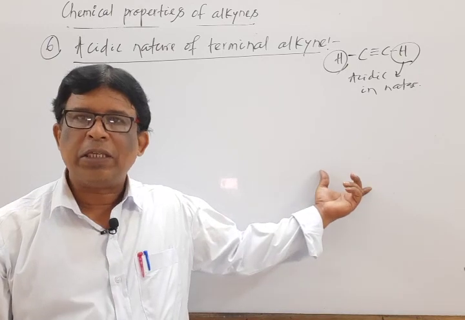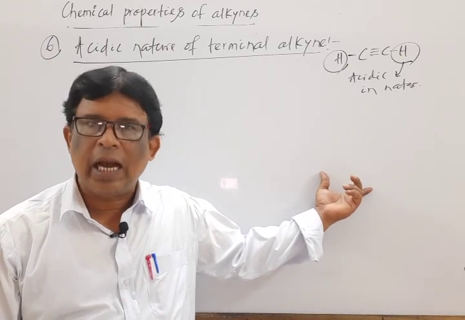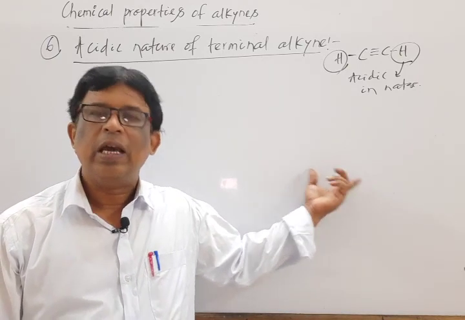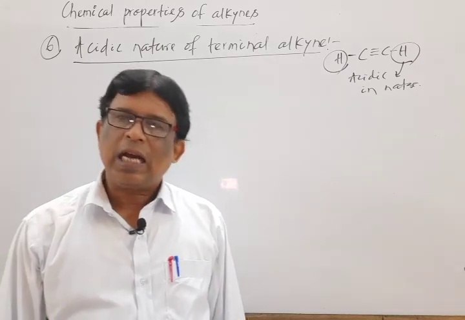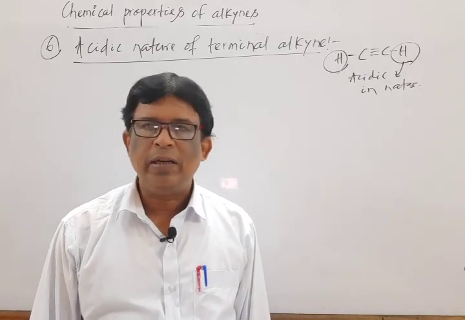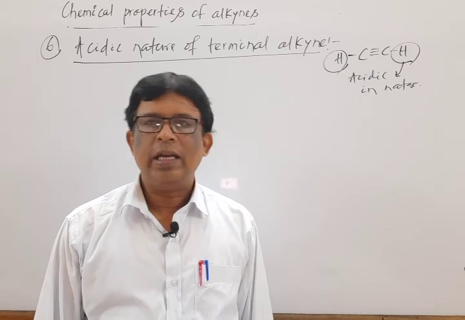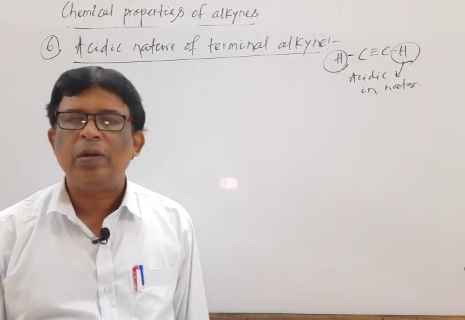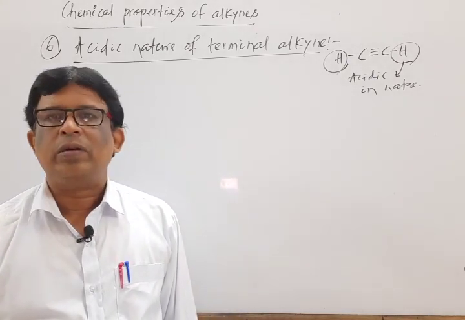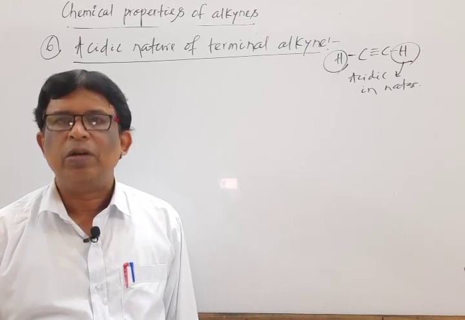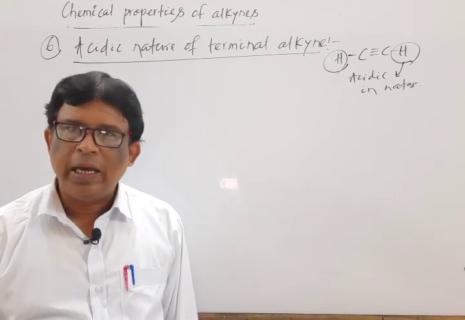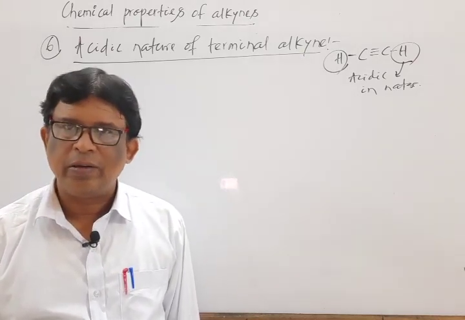Then a white precipitate of disilver acetylide is formed. Okay, and the last one is alkaline solution of cuprous chloride. When treated with acetylene, a reddish brown dicopper acetylide is formed, which indicates the terminal H of alkyne is acidic.